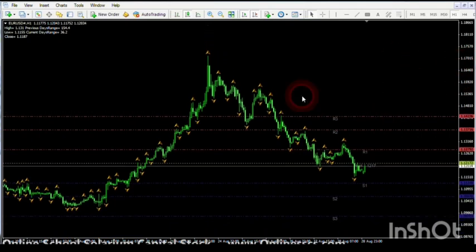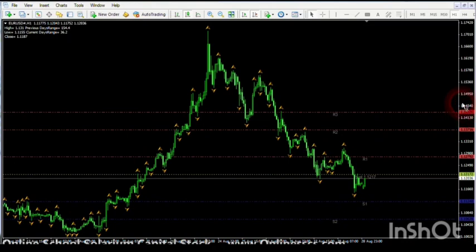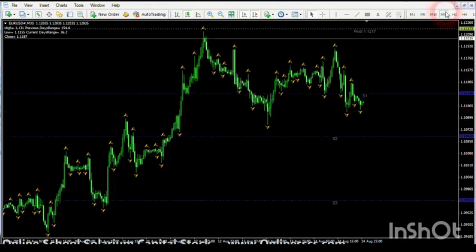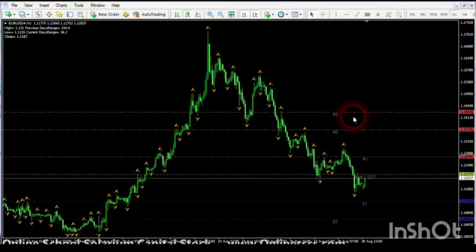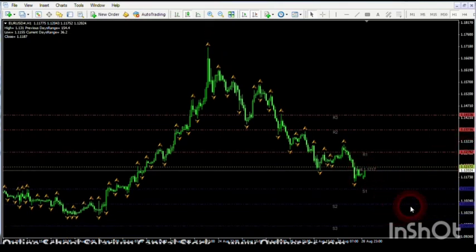And another point that I forgot to tell you about the magic pivot on this one is that you see, the resistance is where our downtrend was. You see which one of these pivots the price wasn't able to touch.